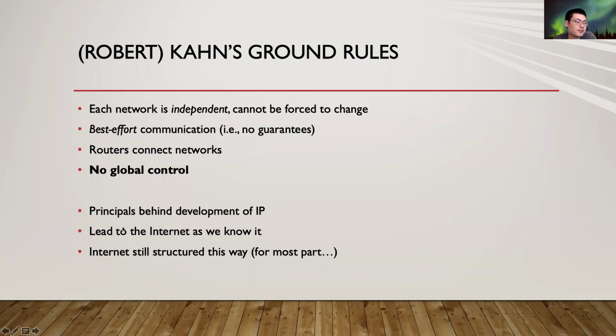This whole structure leads to the internet as we know it. The IP protocol is basically telling you how to route packets between routers to the destination. On top we have the transport layer and the application layer, and down below we have the link layer and the physical layer. In the network layer, we only have IP right now.